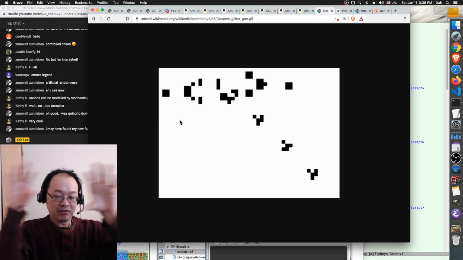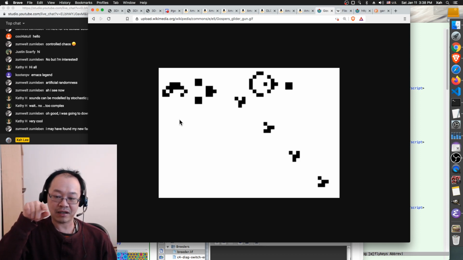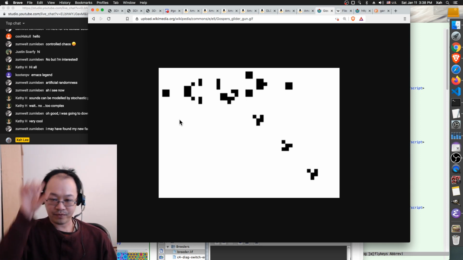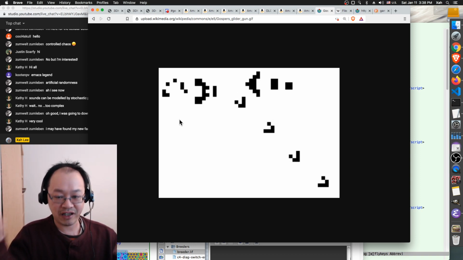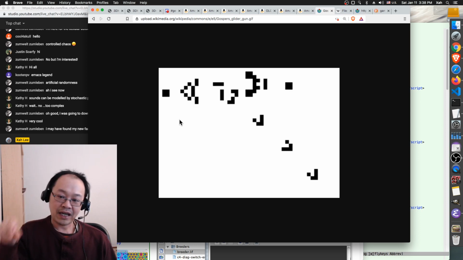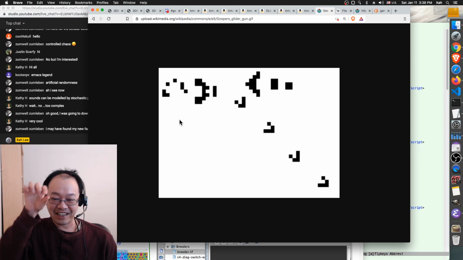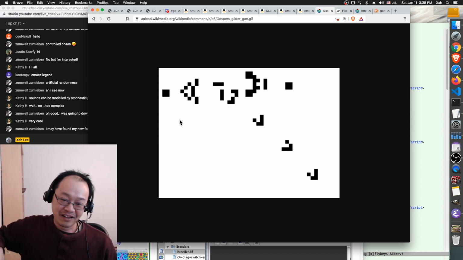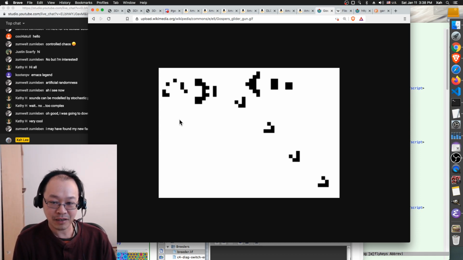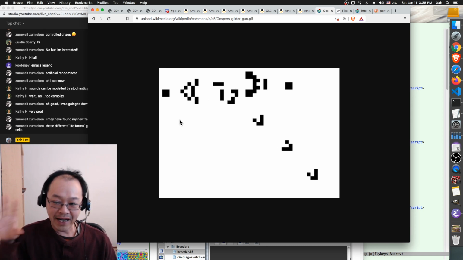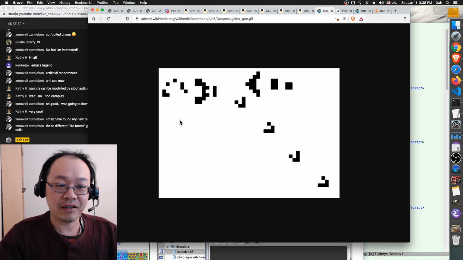Generation after generation, it creates this glider, and this glider just shoots out infinitely forever. So this answers the question: it's possible to have a pattern such that the population grows forever.